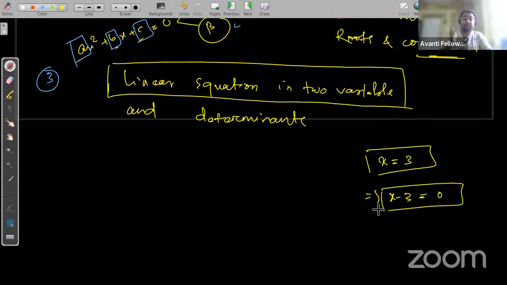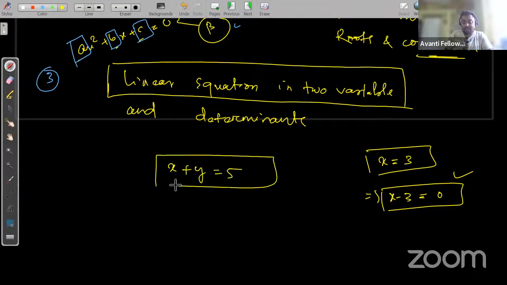Here the variable is x and the exponent of x is 1. That's why we are calling it a linear equation. But in this session we'll learn some more things, that is linear equations in two variables. For example, we can take x plus y is equal to 5.